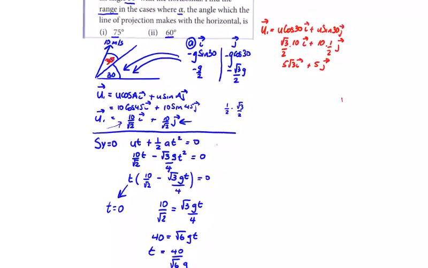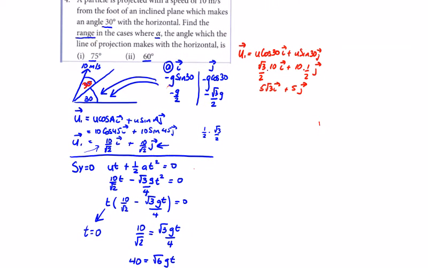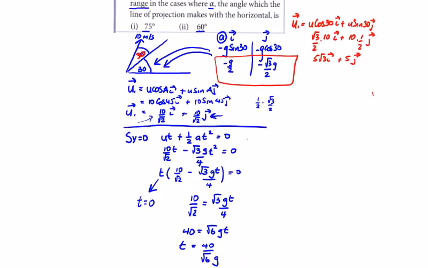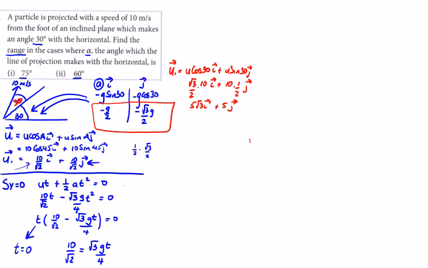So we have the same accelerations, these two guys, and we can write out s of y. So we just follow the same procedure. So when is s of y going to be equal to 0? So displacement in the y direction, my ut plus a half at squared.